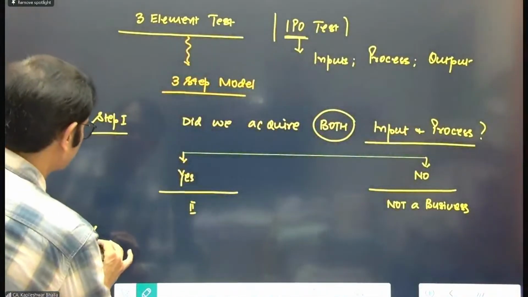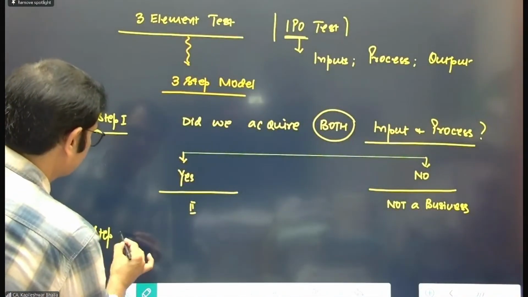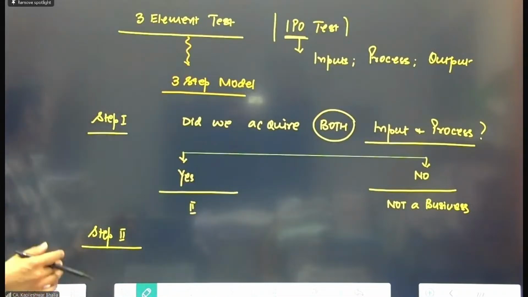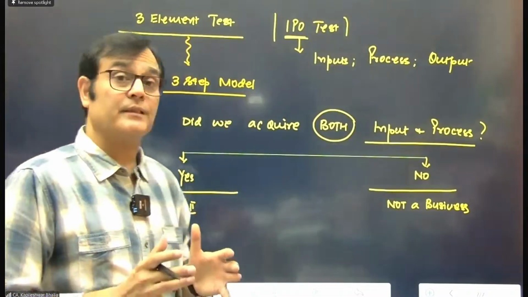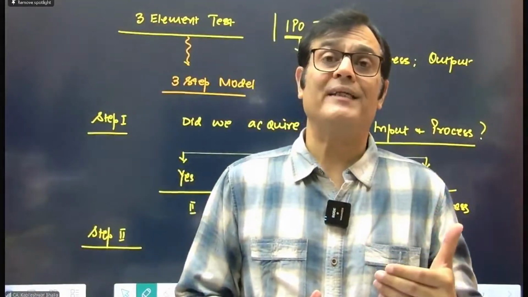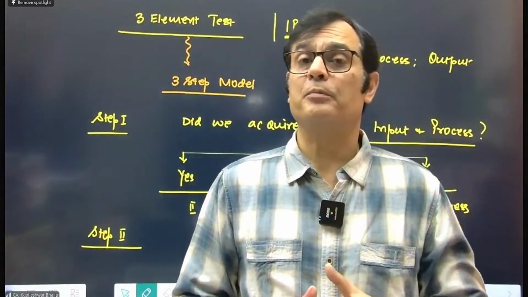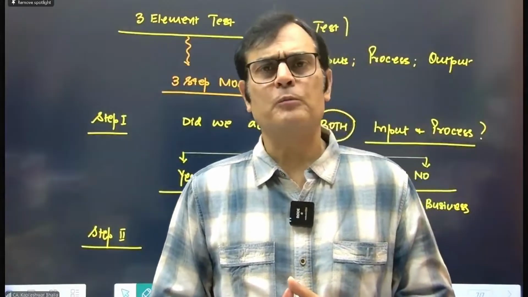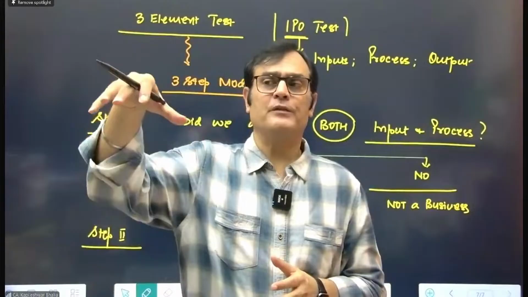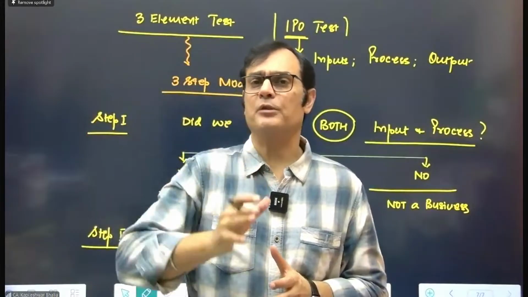And then we go on to step number two, which is again pretty simple and straight indeed. Now the focus is on looking at whether there is an output or not. The day you acquired the company, was the output present or not? The output presence is indicated by the presence of revenue. If the revenue is present, we can say output is there.